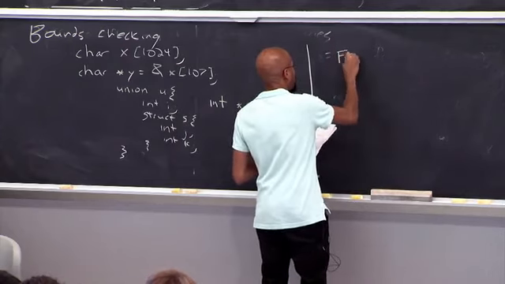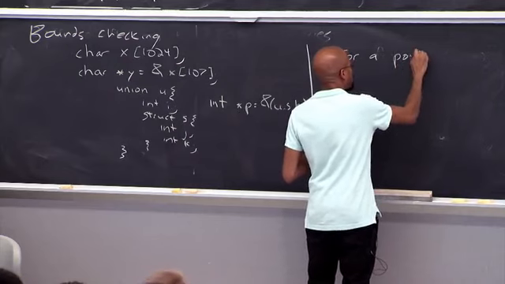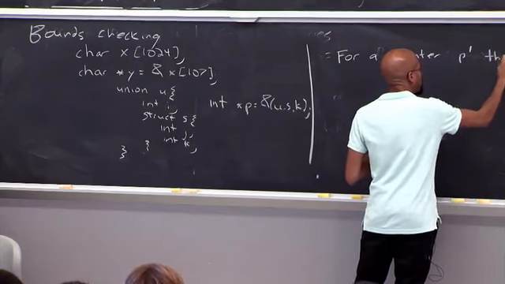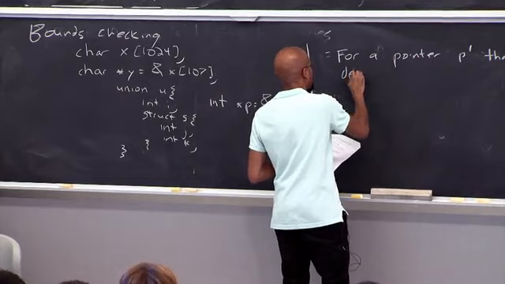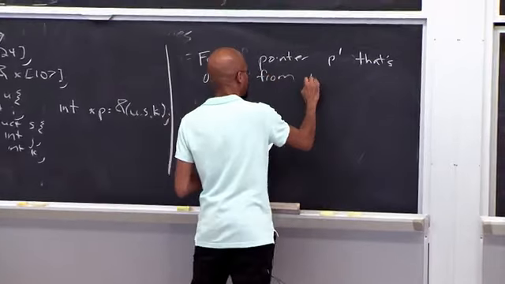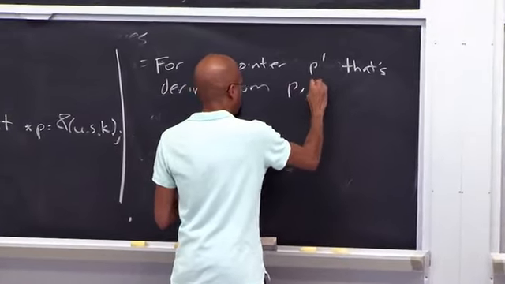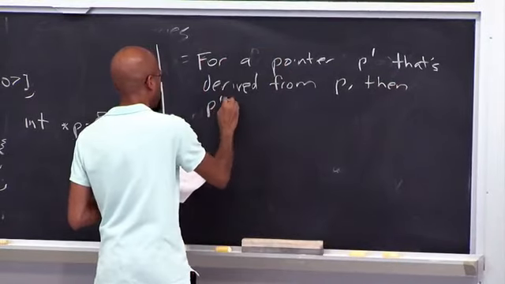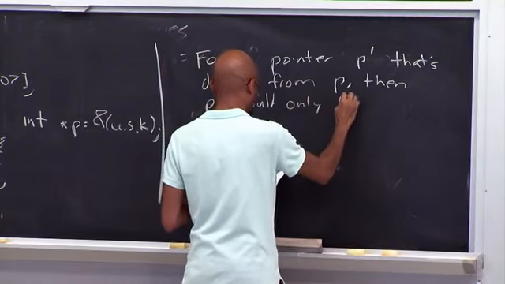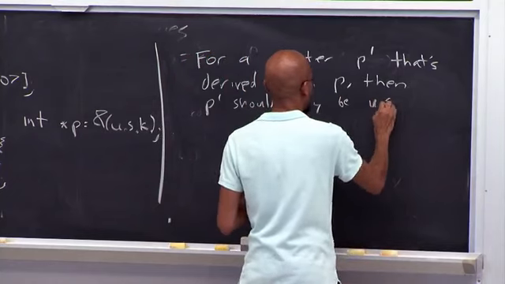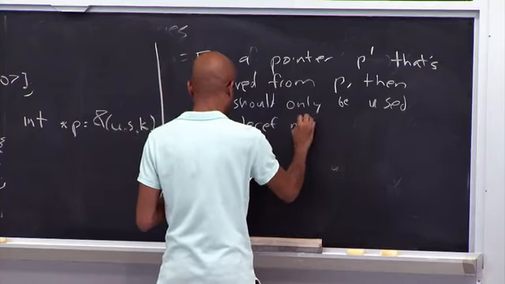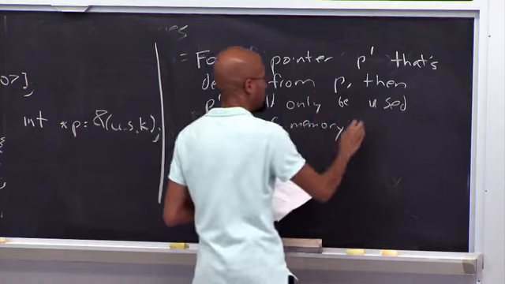If you have a pointer p' that's derived from a base pointer p, then p' should only be used to dereference memory that belongs to that original base pointer.